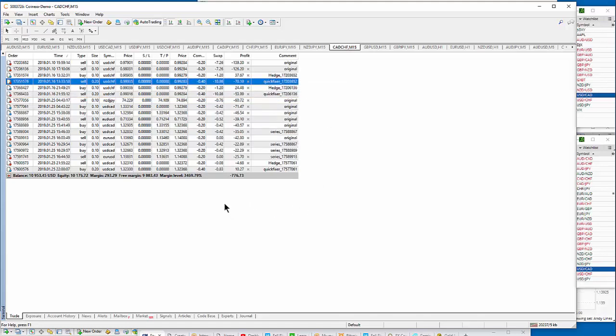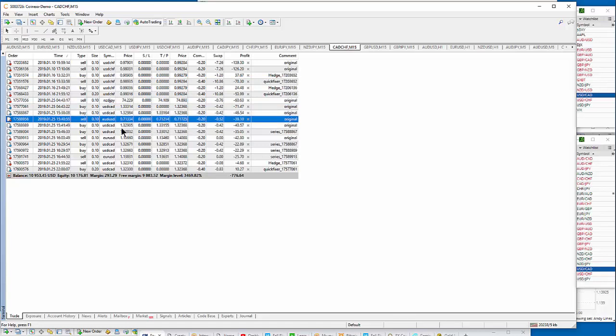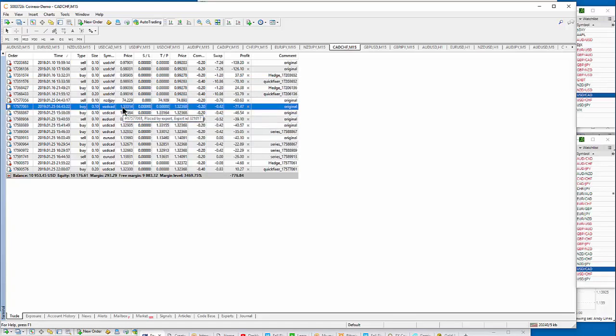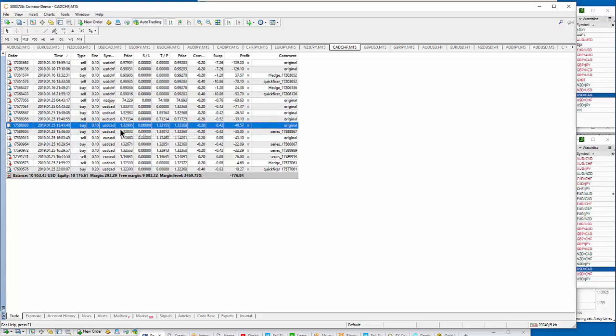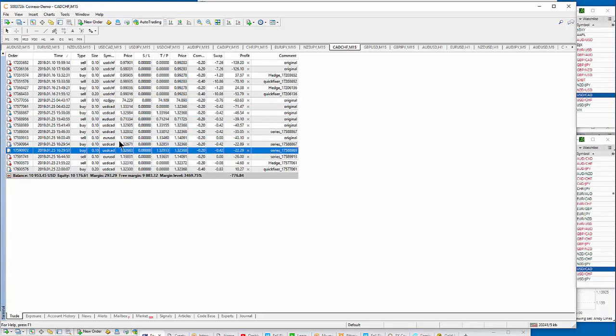Most of the money that's tied up in the negative PL right now is with this list of USD CAD trades. We picked up 1, 2, 3, 4, 5, 6 USD CAD trades last Friday, and they haven't come out yet.